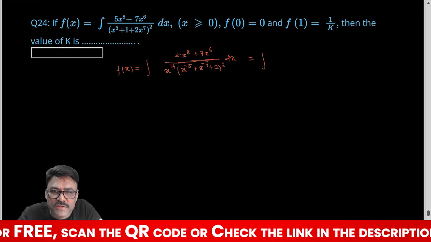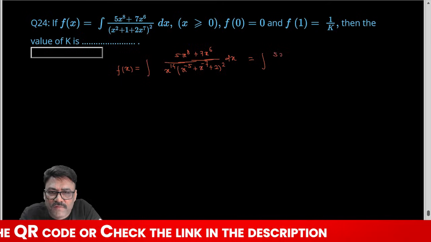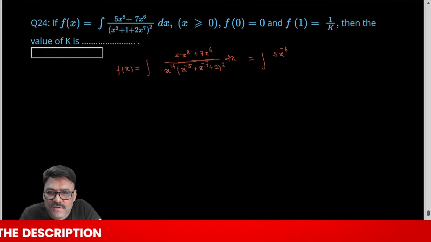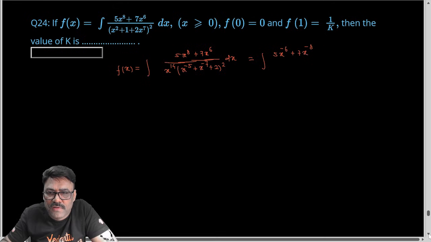Now I can write it as 5x raised to minus 8 plus 7x raised to minus 6 over x raised to minus 5 plus x raised to minus 7 plus 2 whole square, dx.